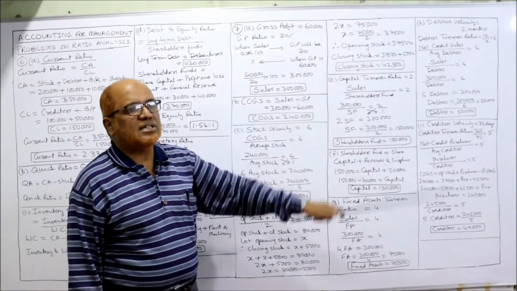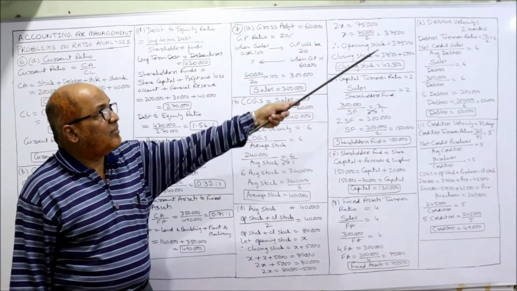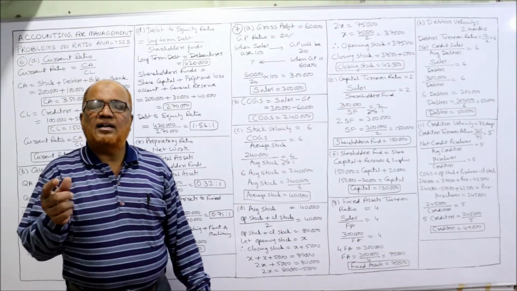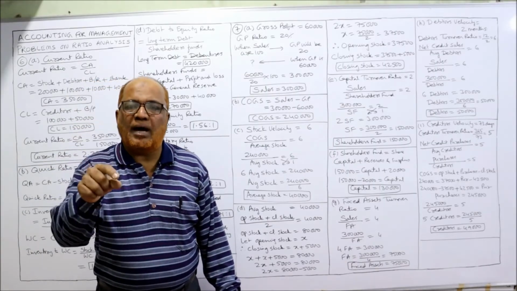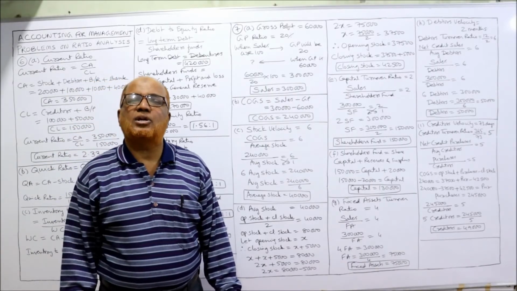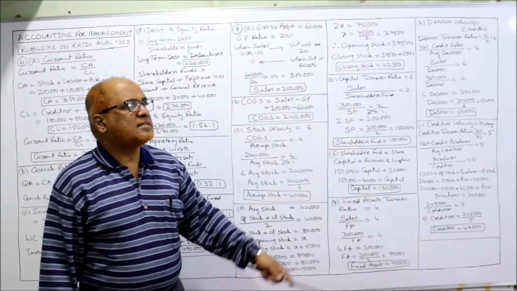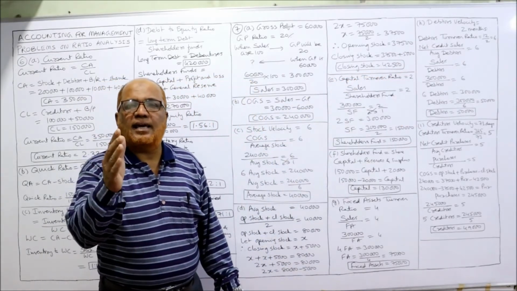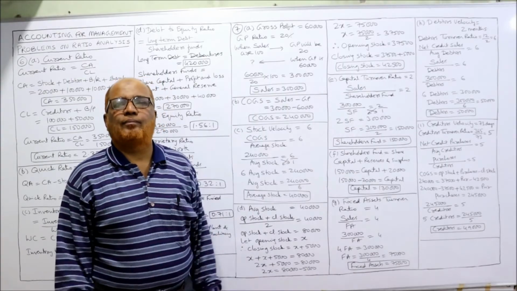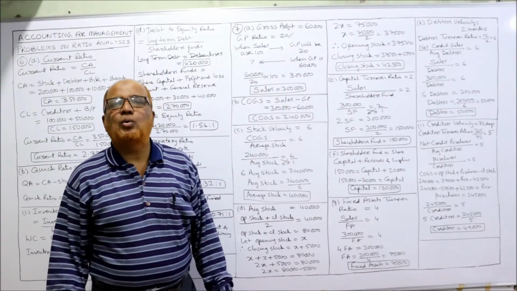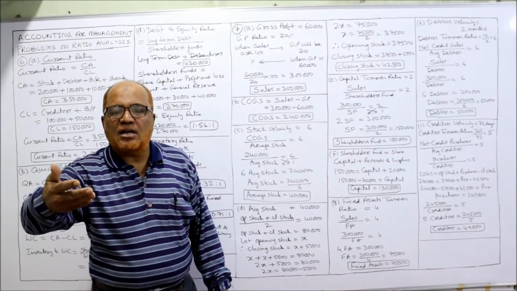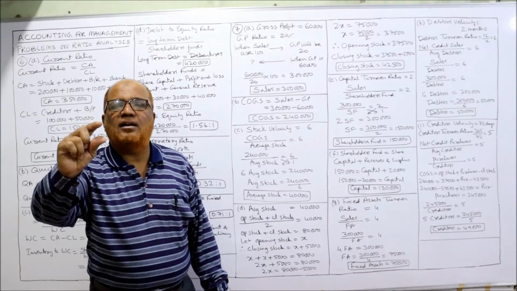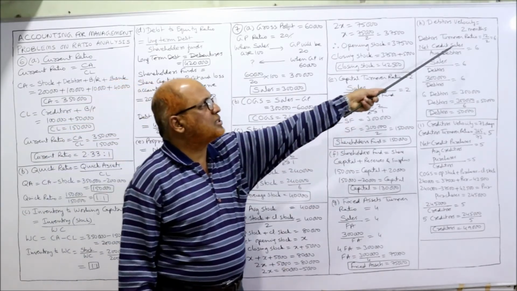Now we can make use of debtors velocity. It is given in months. When the debtors velocity is given in months, it means debt collection period. This debtors velocity is given 2 months. That means debt collection period is 2 months. Year consists of 12 months. So debtors turnover ratio will be 12 divided by 2 is equal to 6.